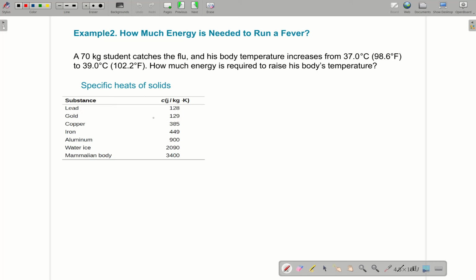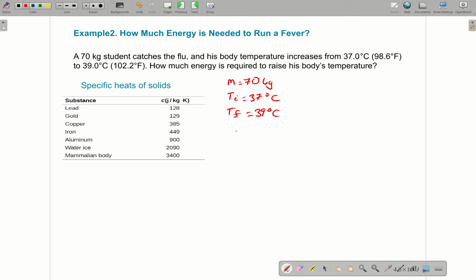Some nice simple plug and check questions like this one can arise. We have a 70 kilogram student who catches a flu and his body temperature increases from 37, that would be my T initial, 37 centigrade degree to 39 centigrade degree.